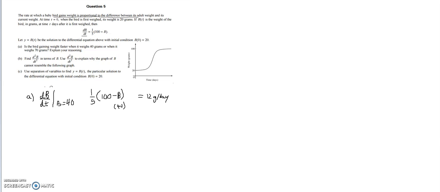So now we will check dB dt when you're plugging in the weight of 70 grams. So same thing, you have 1/5 times (100 minus 70).